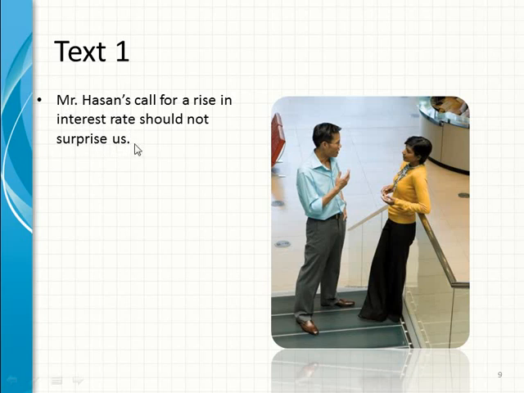How many clauses in this clause complex? We have to know the verbs. Mr. Hassan's call is not a verb; this is a noun. For a rise in interest rates should not surprise us, the verb is surprise. So this clause complex contains one clause.